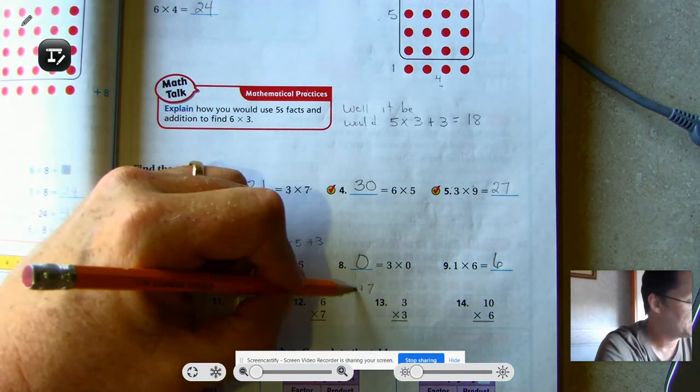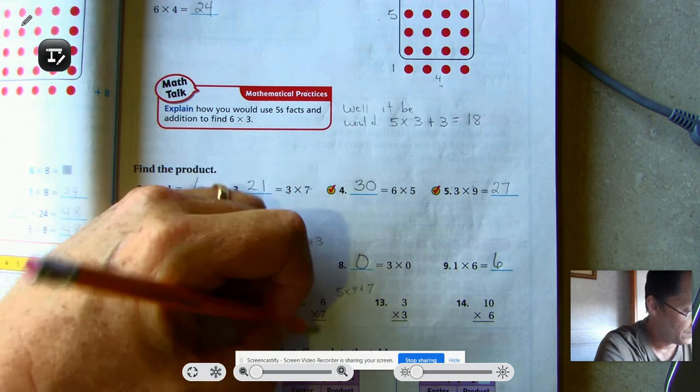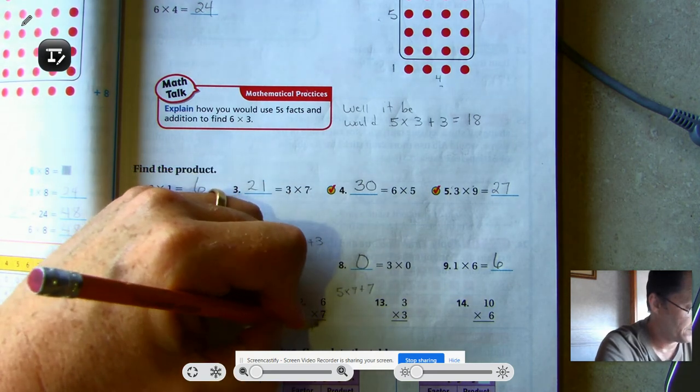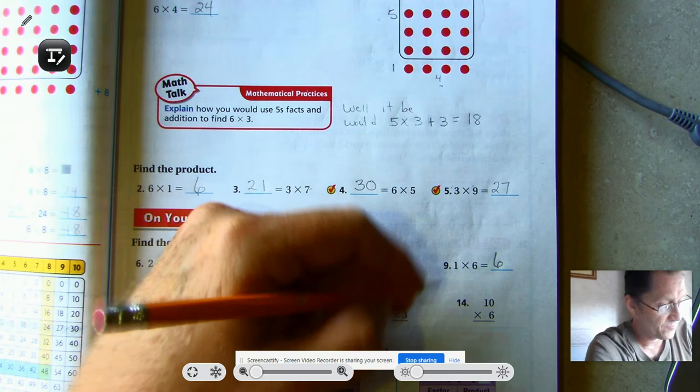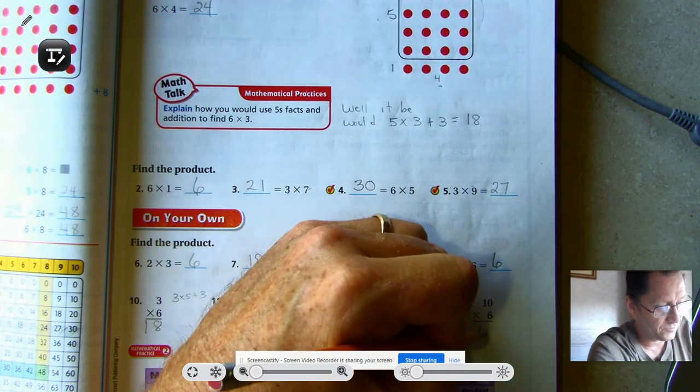And 5 times 7 is 35, plus 7 more, 42. 3 threes is 9. 10 times 6, we know is 60.